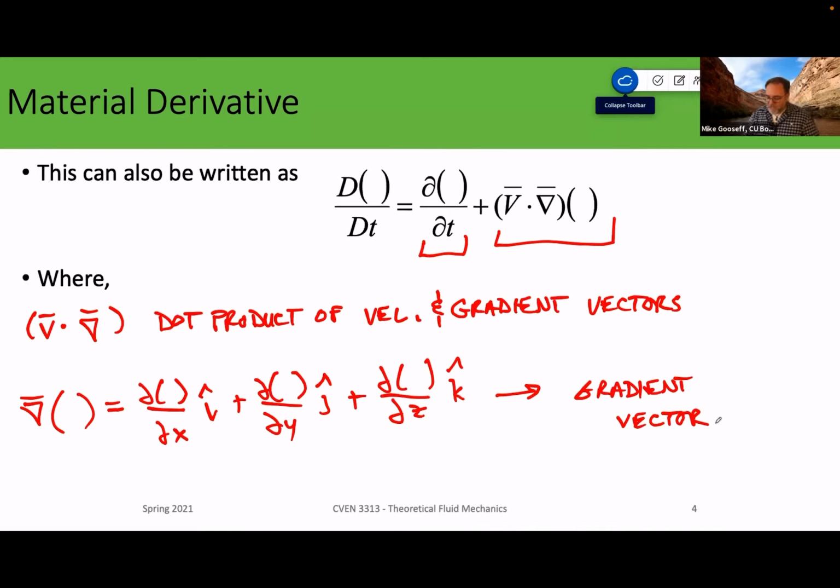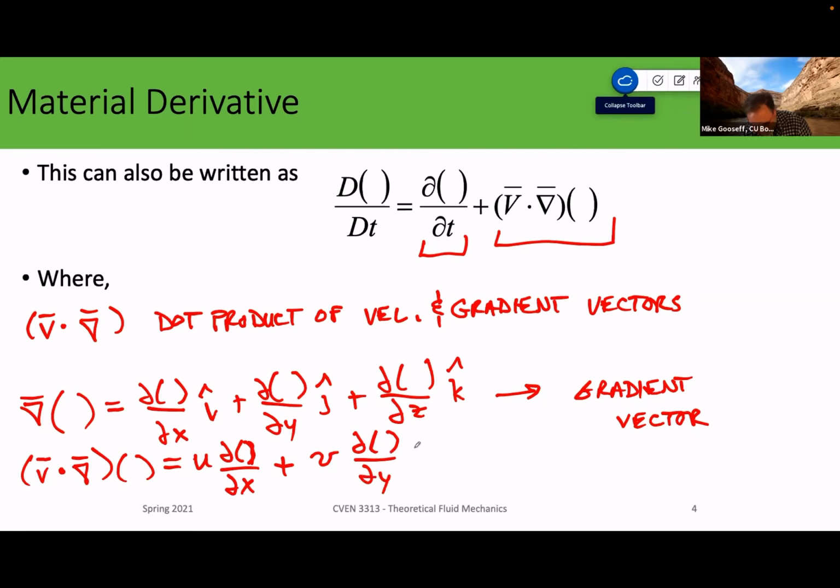So when we combine these and we have the velocity vector dot product with our gradient vector of whatever it is, we ultimately can get rid of those unit vectors and end up with u, the velocity component in the x direction, multiplied by ∂(whatever)/∂x, plus v ∂(whatever)/∂y plus w ∂(whatever)/∂z.